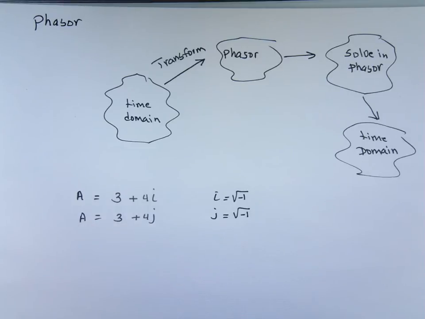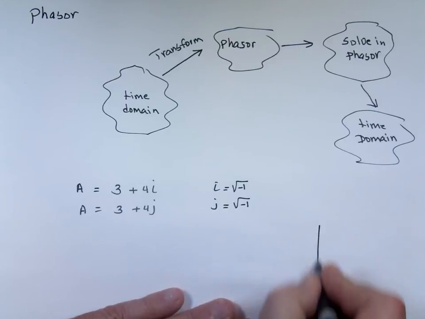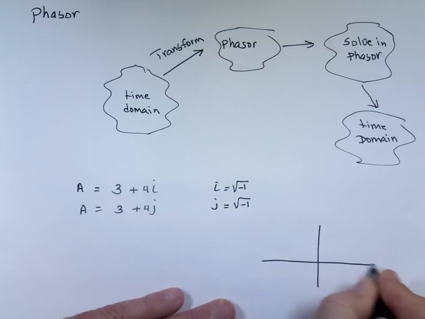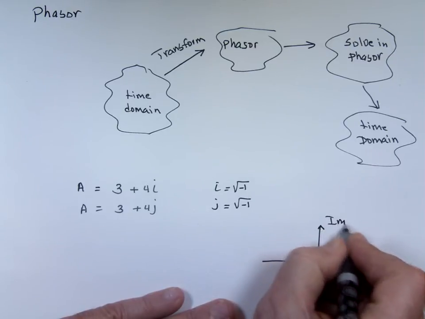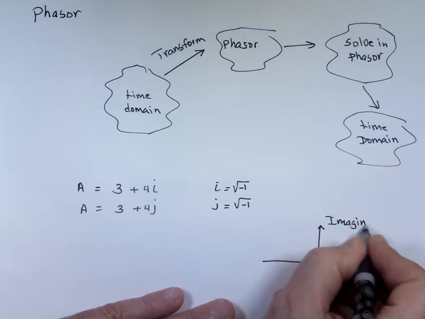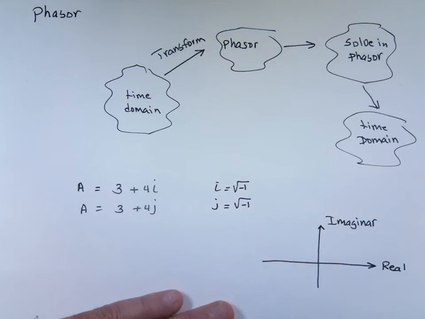That's a complex number. If you graph a complex number, it has a real portion and an imaginary portion. The x-axis represents the real portion, and this represents the imaginary, the complex. So you have to travel 3 units in the real portion, right here, and 4 up.